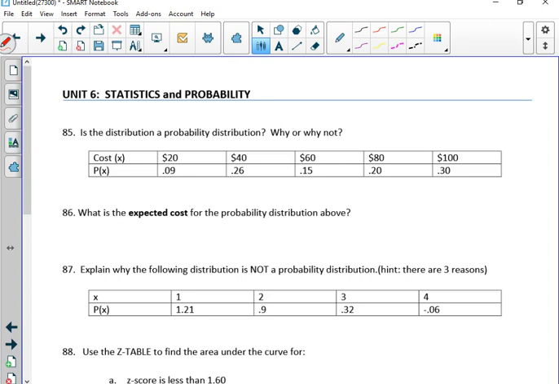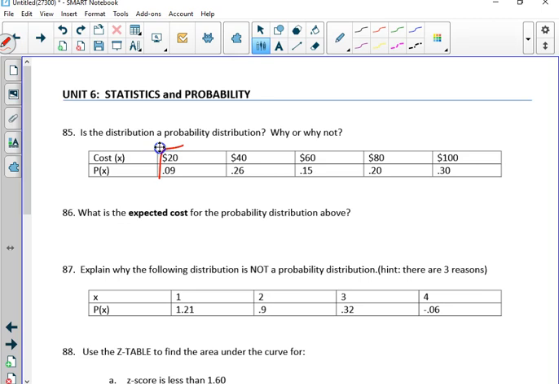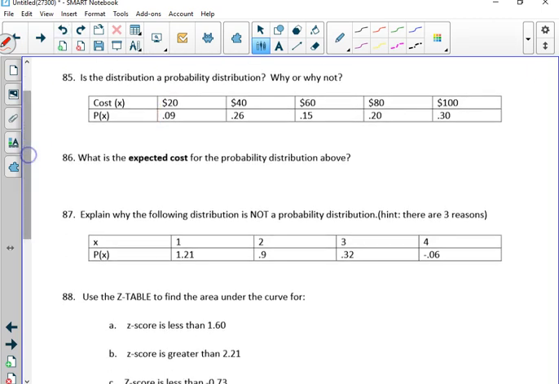The out of order unit, unit 6. So is this a probability distribution? Why or why not? Well, let's look at the numbers. Less than 1, positive, between 0 and 1, all of these.